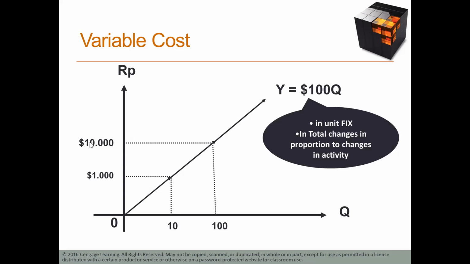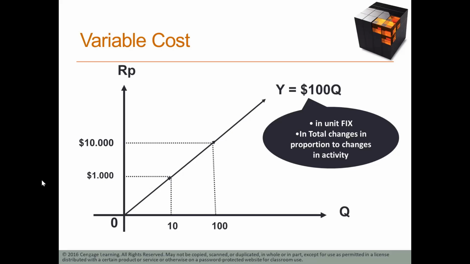So we can conclude that the variable cost is the cost that in total will increase as the units produced also increase. The more units produced, the more the total variable cost. But when we look at the variable cost per unit, it will remain the same regardless of how many units are produced.